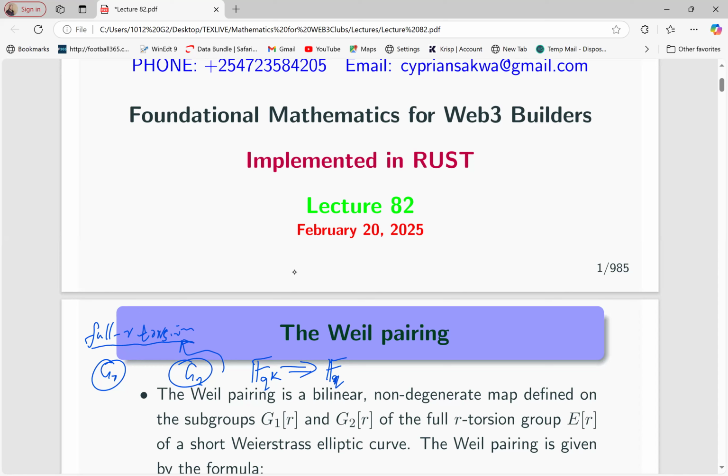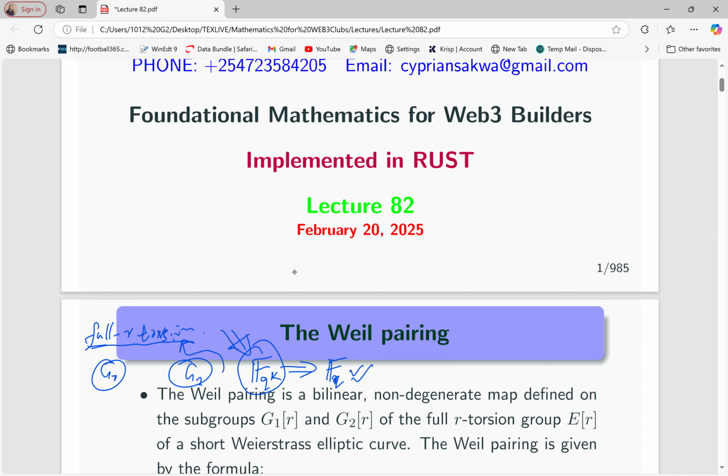At some point, we then saw that we could get the embedding degree for this field. And if the embedding degree is K, then we come up with this field. So the full R-torsion group is defined on this field.